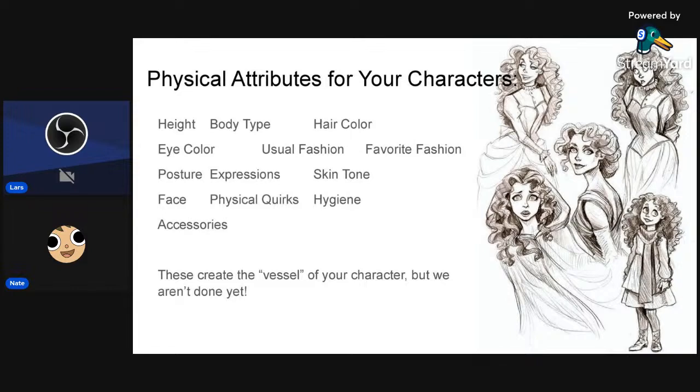Skin tone, the face, hygiene. It's important, I think, to sometimes at least put a little bit out there. Like, my character is either in a scene looking pretty dirty, or they're looking exceptionally clean. I like to sometimes put in there when a character smells real bad, because that's something that other people are going to notice. And physical quirks.